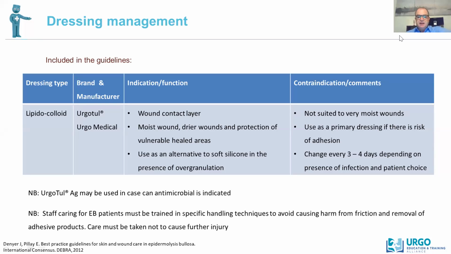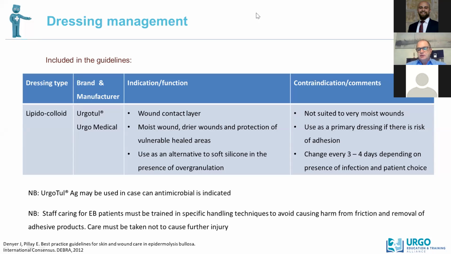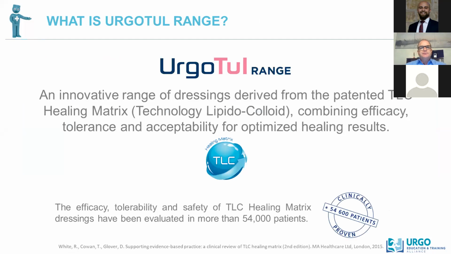There is both a contact layer and a foam dressing without a border, which will still give you the benefits. If there is infection, there is the Urgotul AG. What is very important and what is highlighted is that staff or even carers taking care of these patients need to be very well aware of what they're doing in order not to cause any further harm to these patients.